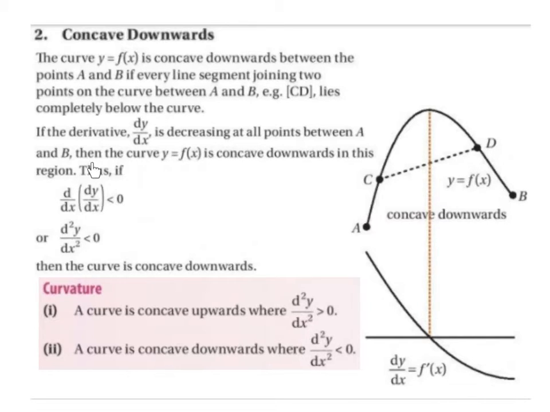Thus, if d squared y/dx squared is less than 0, so basically the second derivative is less than 0, then the curve is concave downwards. So to summarize, a curve is concave upwards where the second derivative is greater than 0, and concave downwards where the second derivative is less than 0. It's important to learn this off.